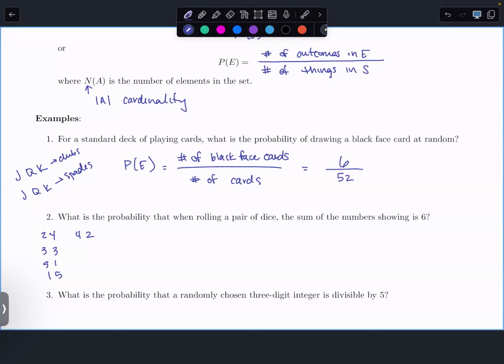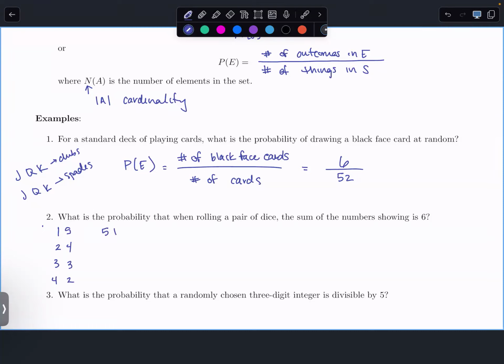But die 1 is a 3, right? Die 2 is a 3. That's the same as die 2 being a 3 and die 1 being a 3. So you don't have to count this one twice. But you do have to count this because this is die 1. But the dice are separate, right?